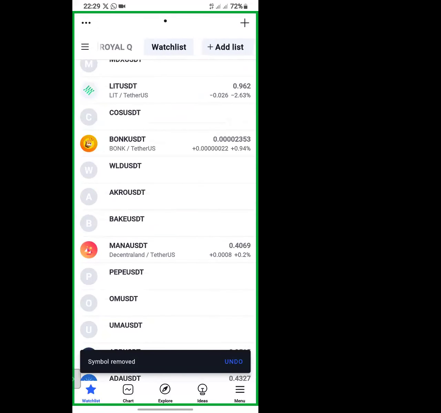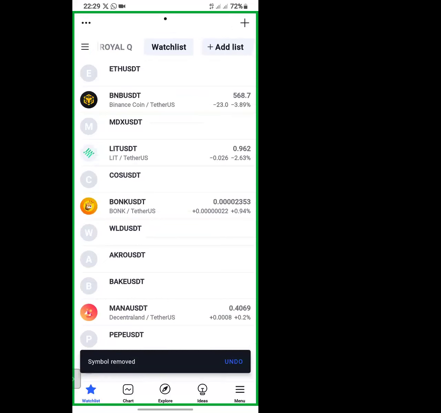You can go on and add them on the watch list, also on the red list.